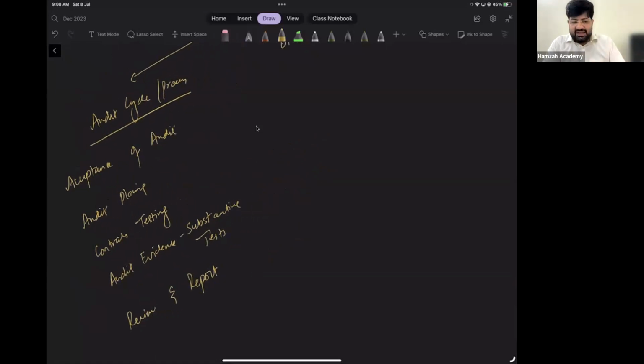This is what the audit cycle or audit process is, right?